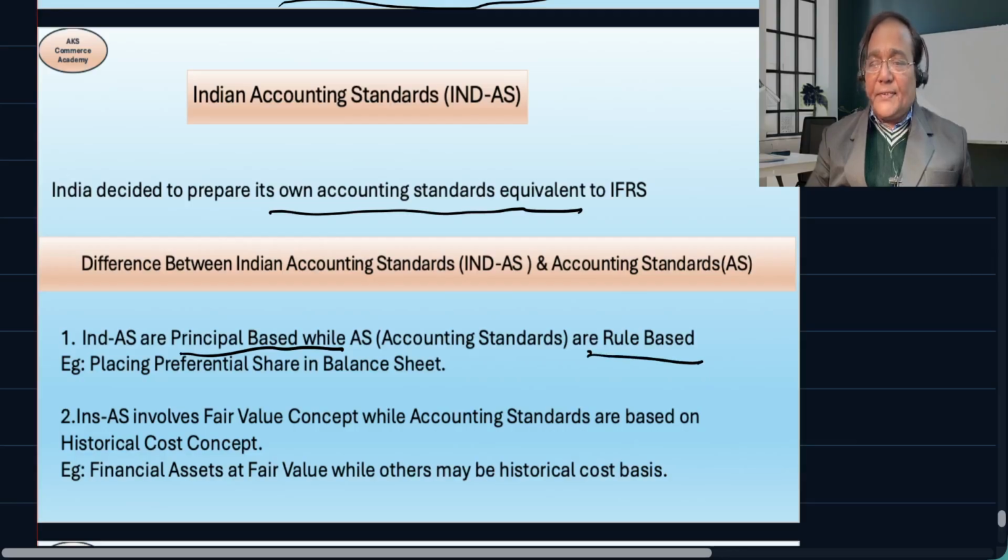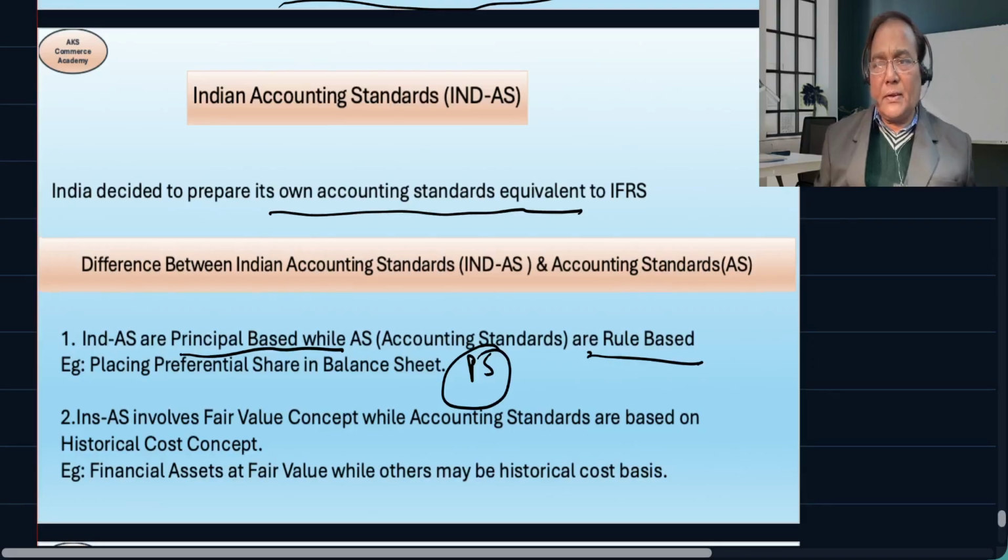Now let's understand it a bit more. So let's say preferential share and equity share. They are the category types of shares which are issued by the company in order to raise funds for the company. Now, if the preferential share is issued, it is usually put up in the balance sheet.